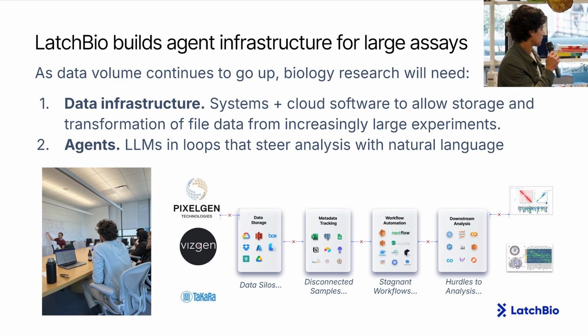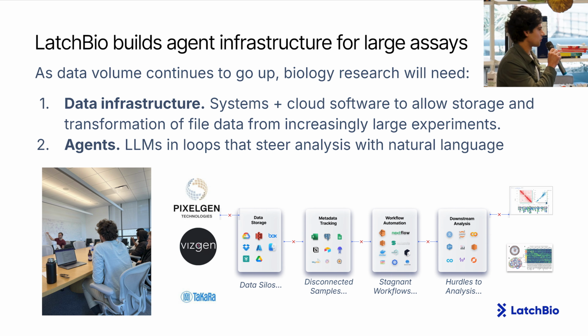Quickly about us. We build the agent infrastructure for large assays. With the basic understanding that as data volume goes up, biology research will need both data infrastructure, so systems and cloud software to allow the storage and transformation of file data from increasingly large experiments, and agents, which we think are soon becoming the default way that scientists will interact with data.